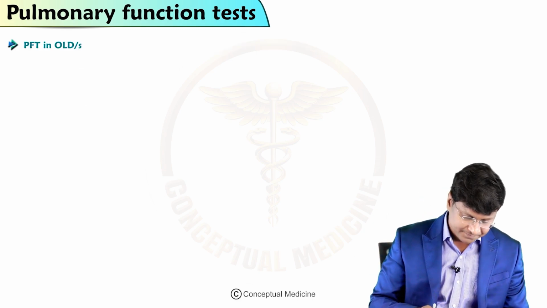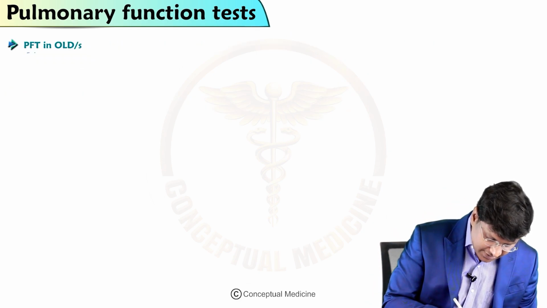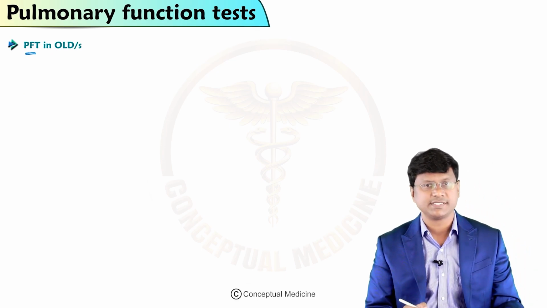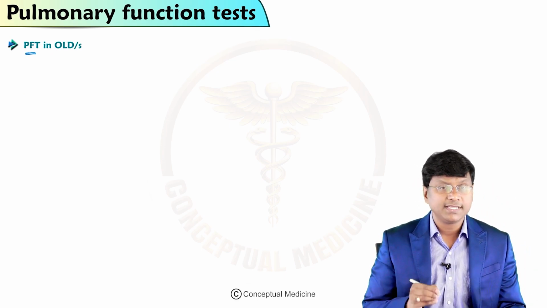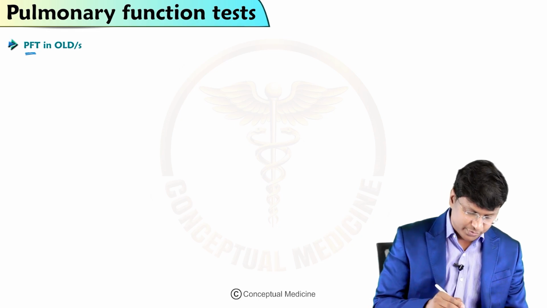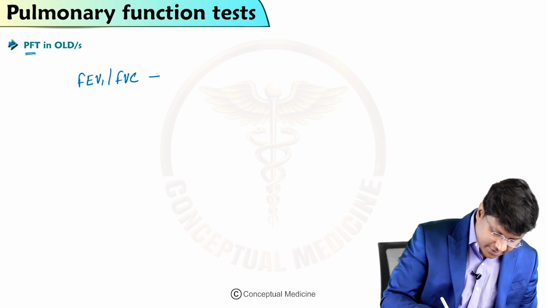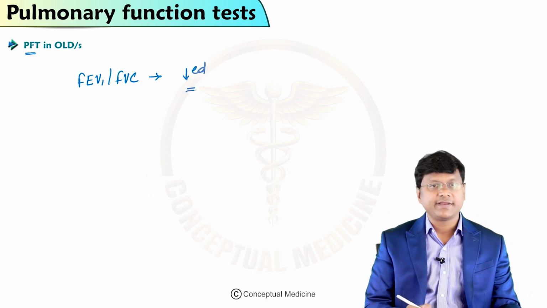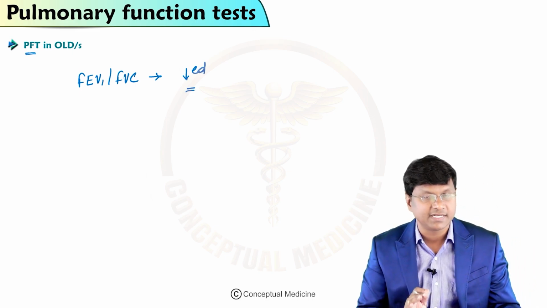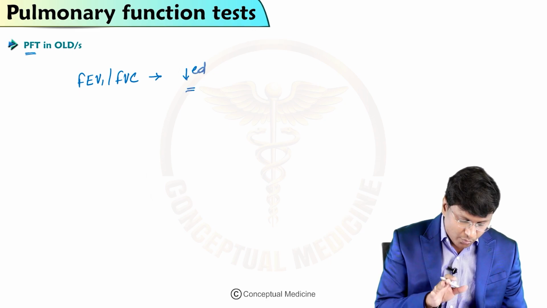So if you see the pulmonary function test in obstructive lung diseases, FEV₁ by FVC will be reduced. Okay, why is it reduced? We will analyze and come to the scenario why it is reduced.